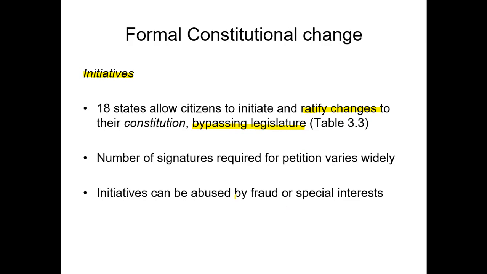This is fairly controversial, and as you can see, less than half the states even have this, and it varies from state to state. There's a table in the book that shows you the number of signatures that are required for a petition in order to start this initiative, and it ranges quite a bit from 3% of the recent voter turnout to 15%.